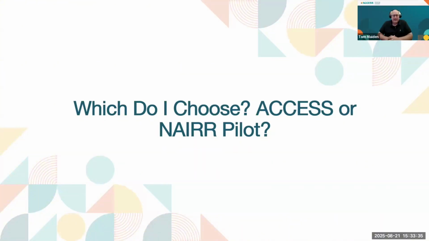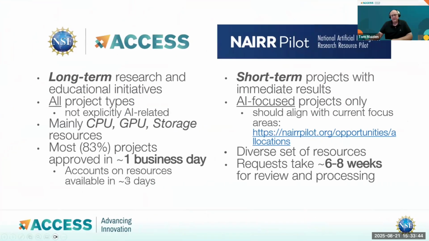And one final thing that we added, just in case we always get a question about what is this NAIR thing I keep hearing about? Well, NAIR and Access are different, although there are a lot of overlaps. If you're looking for a long-term research and educational initiative, stick with Access.